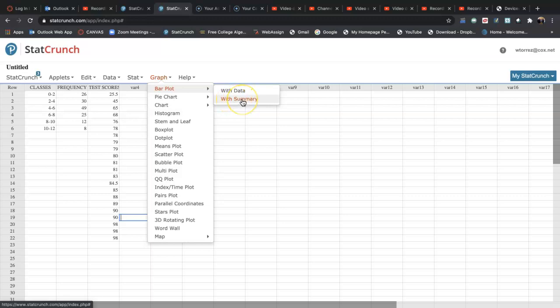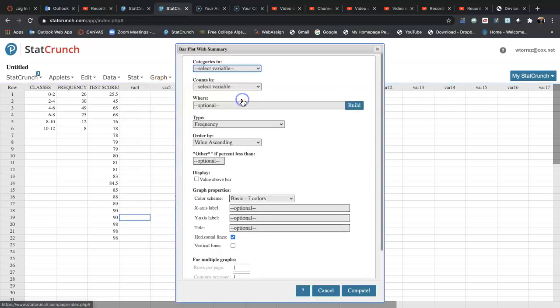So let's choose with summary. Look at the action window here, where we're going to select our first column, classes, which is where the categories are listed. Okay, the counts are in the frequency column here.